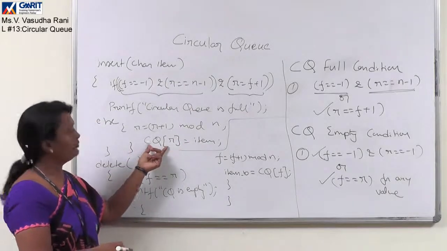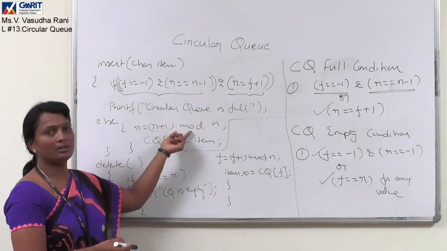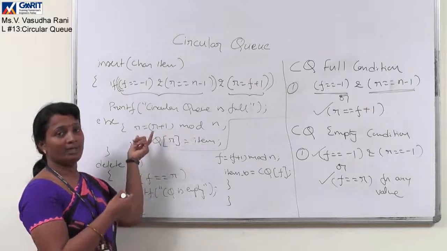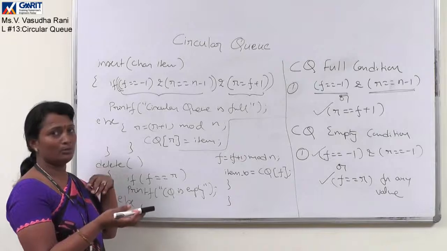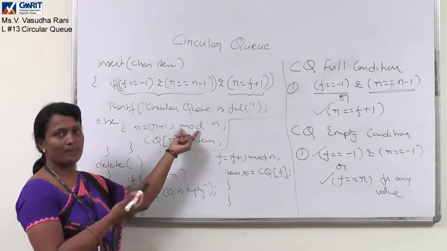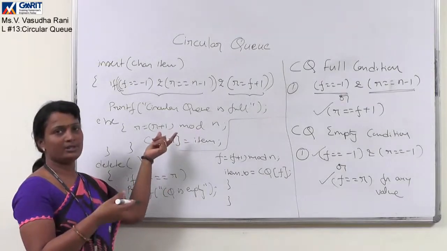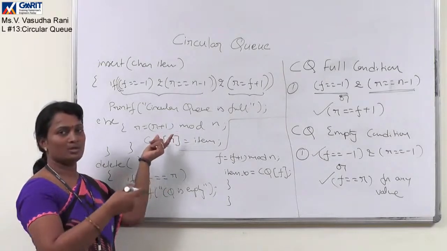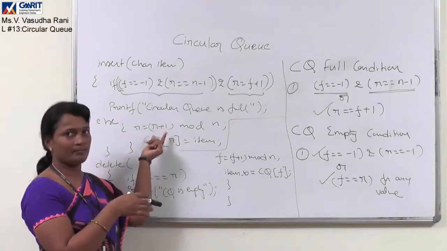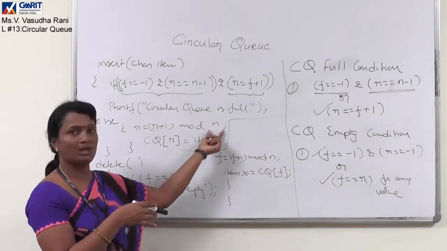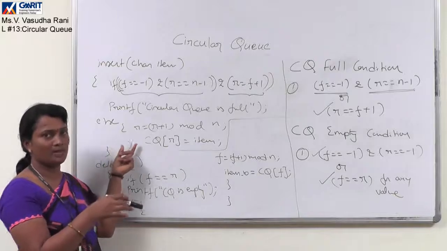Actually here we took this condition mod because whenever this R reaches the last value, to make it again 0, we have taken this mod. This mod operator can be used in such a way that for the lower values of R, 0, 1, 2, 3, 4, if you take 0, it remains 0, 0 mod n gives 0 only. So for the regular values, it remains the same.